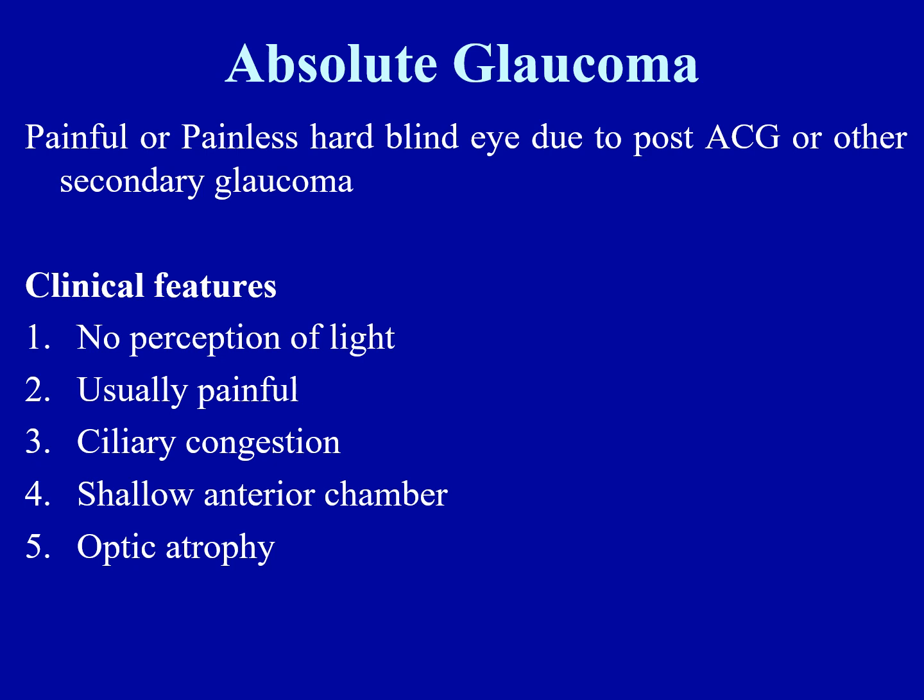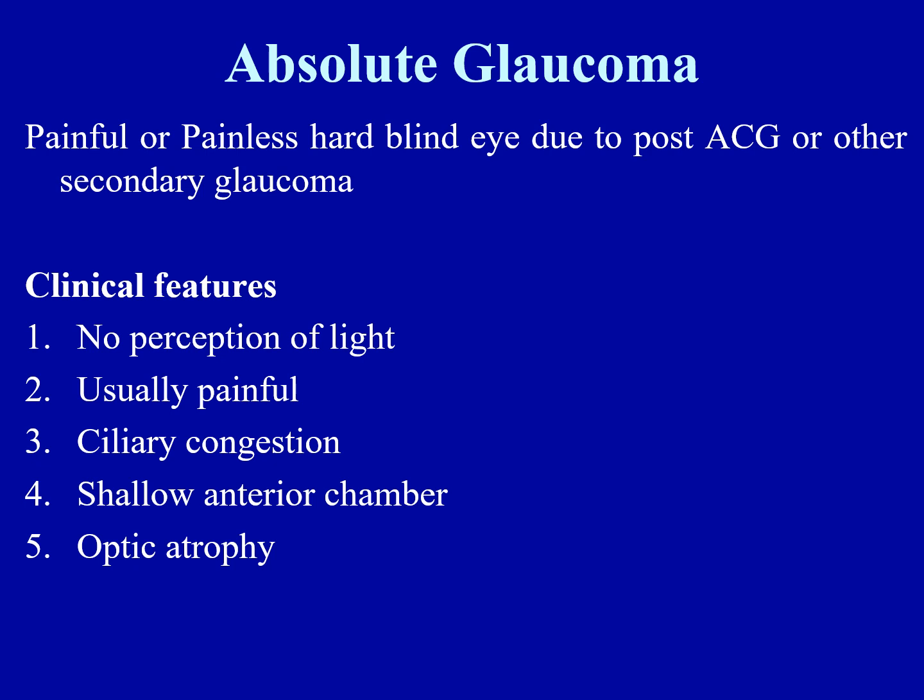And the last stage is absolute glaucoma. It's the end stage when the acute congestive glaucoma is not tackled properly and the patient ultimately has ischemic optic neuropathy and the patient is blind. So the patient has a painful or painless hard blind eye due to post-acute congestive glaucoma.